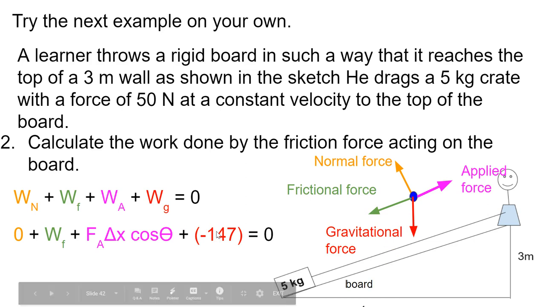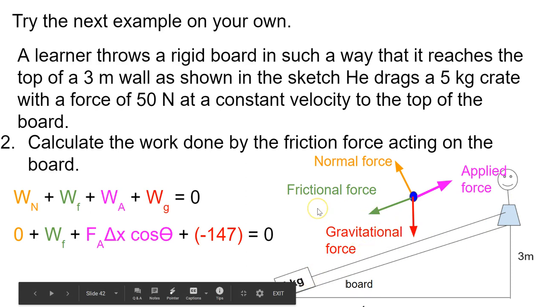When I calculated it, I used this 4 meters of the base down here and the 3 meters up there, and I used Pythagoras to calculate that this distance x is equal to the square root of 3 squared plus 4 squared. That gave me that this distance over here is 5.